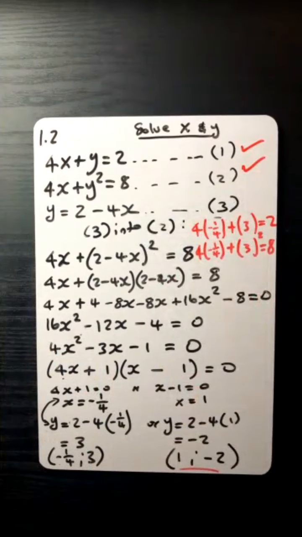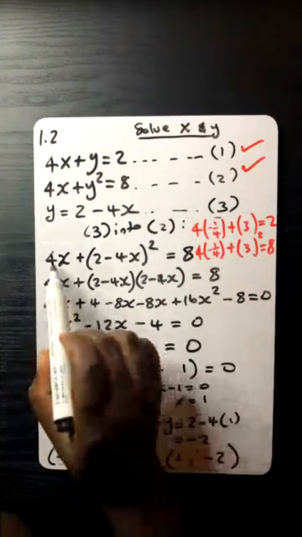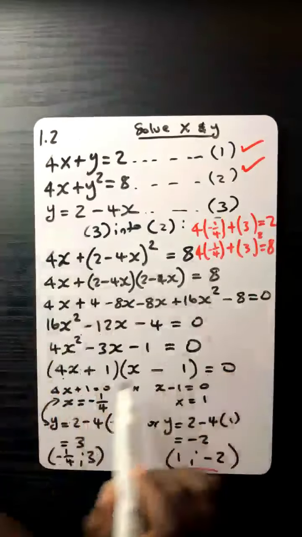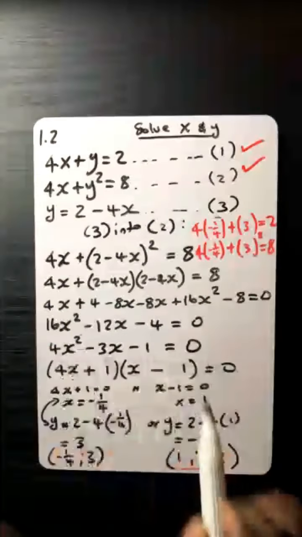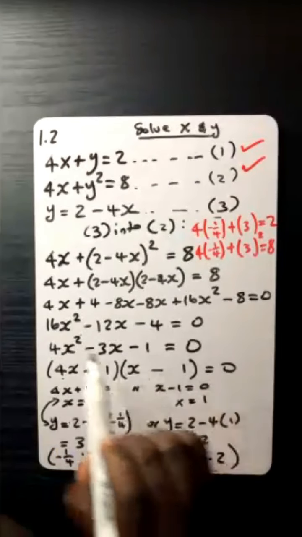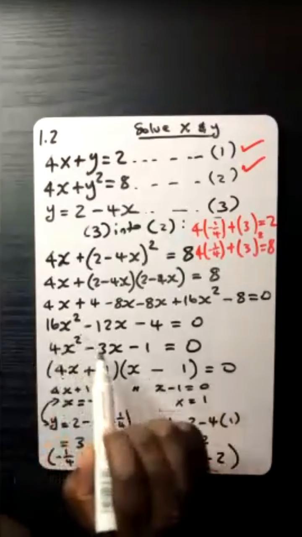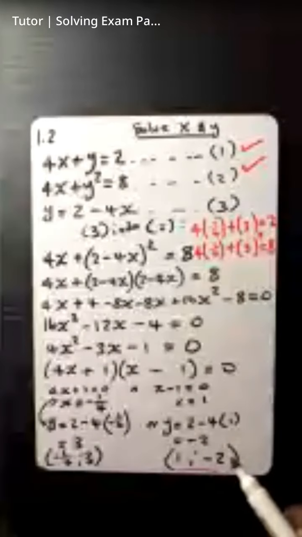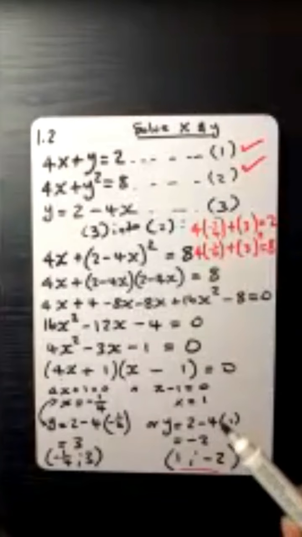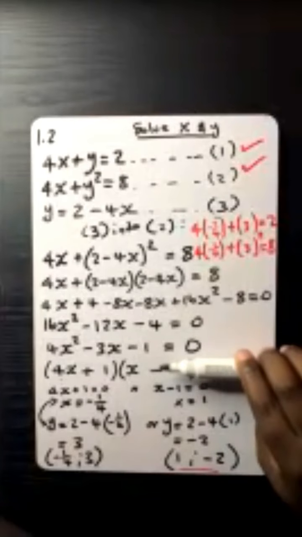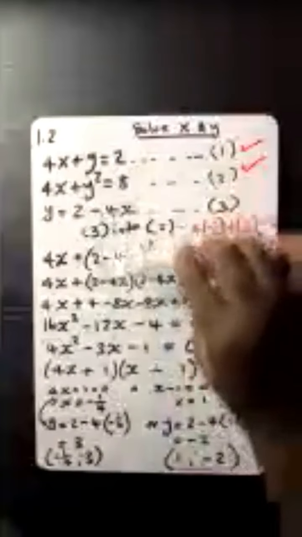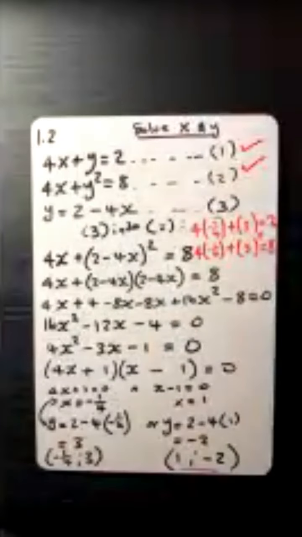For example, if you get to this point where you've written that in the standard form, and when you try to factorize using your head, you don't get the factors, and when you use the quadratic formula, you get decimals, then already it serves as a hint that somewhere you made a mistake. So before you even continue, try to check.